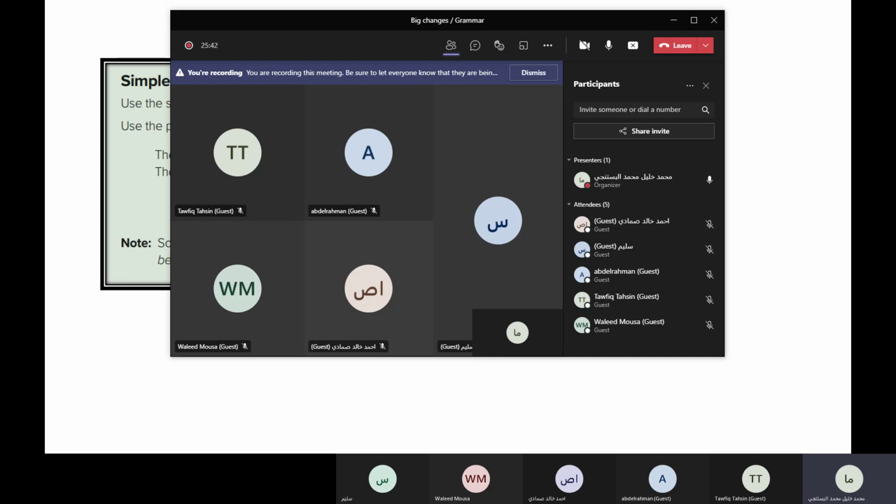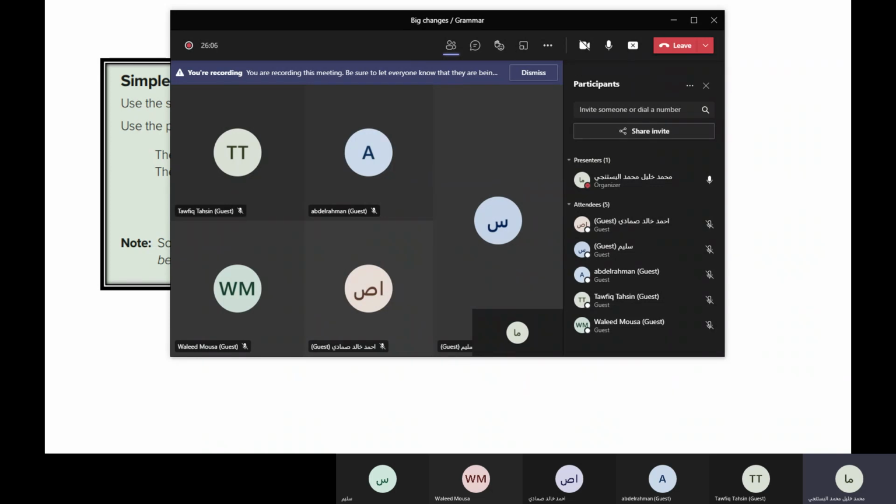Simple past: it happened and ended in the past, and we know when it happened, last week. But here, when we use the present perfect, he can still visit again. It happened in the past, but we do not know exactly when it happened.